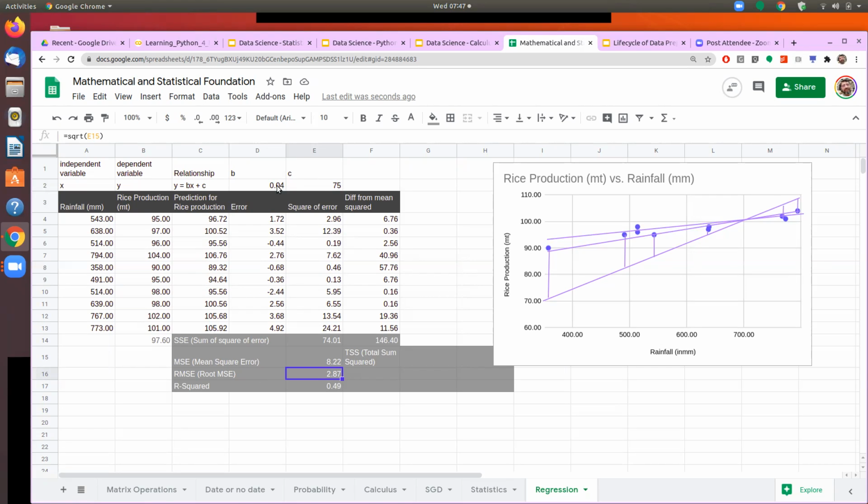So this is what the process would be, and similarly we find the value of the R squared also. So we are first finding out these differences here, then we take the square. So that's the process we'll follow.